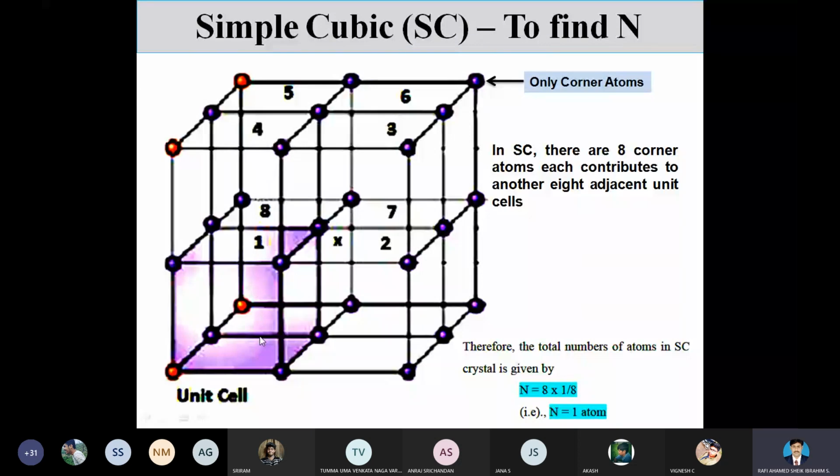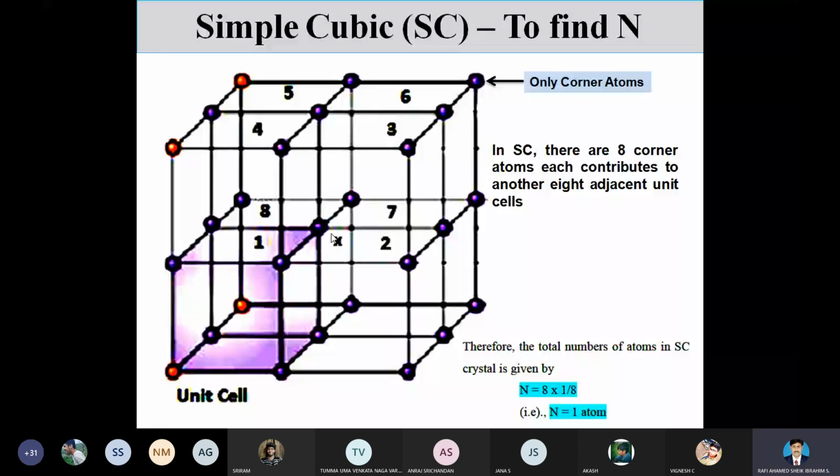From that unit cell, we are going to consider one atom as a reference. I am going to consider this atom X, taken from this particular unit.